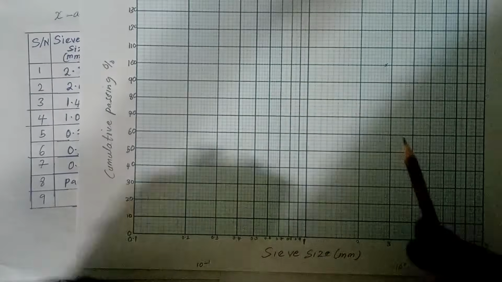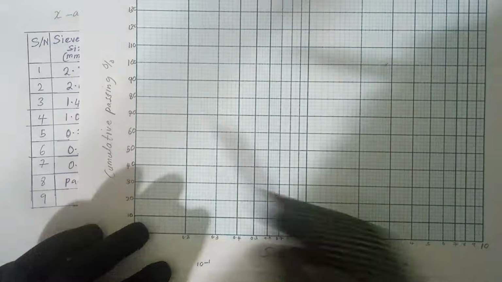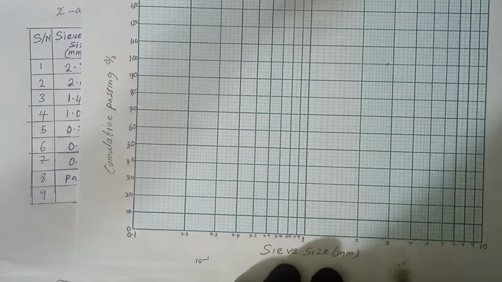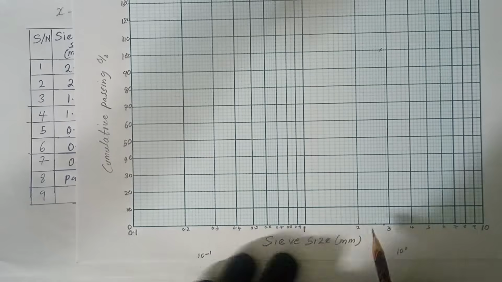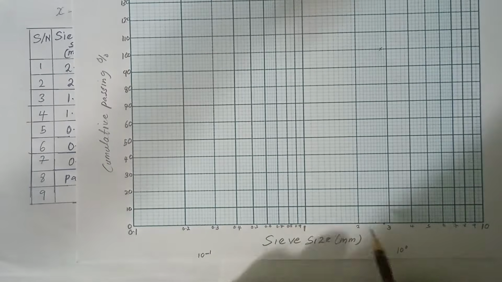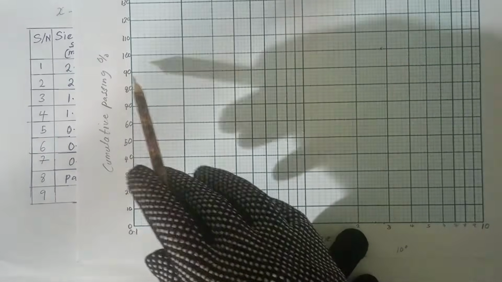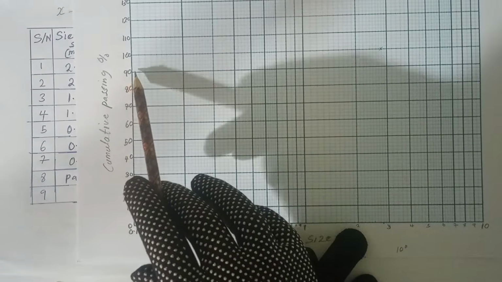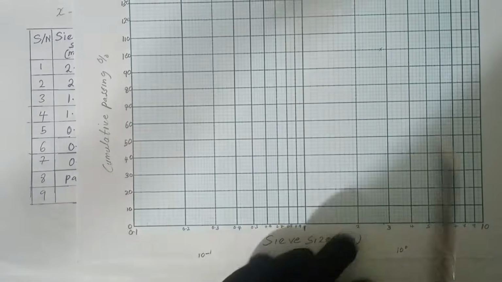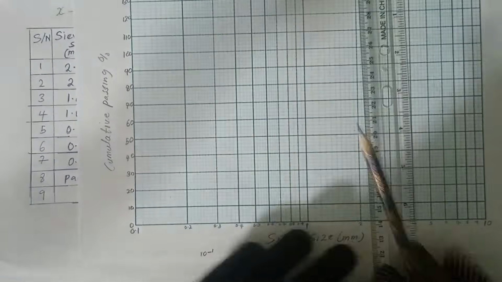So we have 2.0 is going to be here, because here is 1, so here is 2. So we have 2 for the x-axis, and then 90.91 for the y-axis. So 90 is here, so let's place the ruler here.